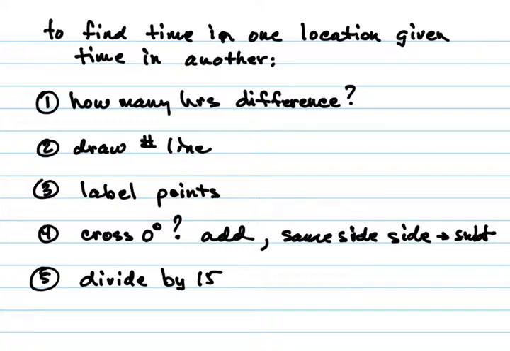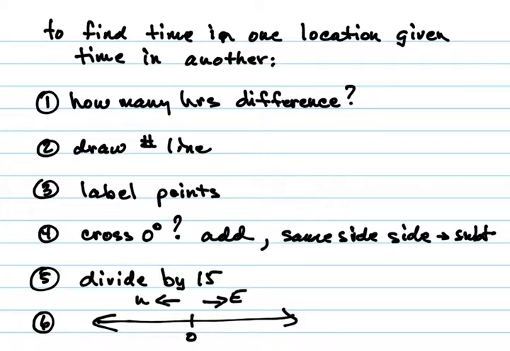Now, again, when you're traveling in different directions in hours, make sure you remember that when you're going along your number line, if you're going east or you're going west, if you're going east, you're going to add. But that makes sense because that's the positive direction. It's going to get later and later the further you go east.